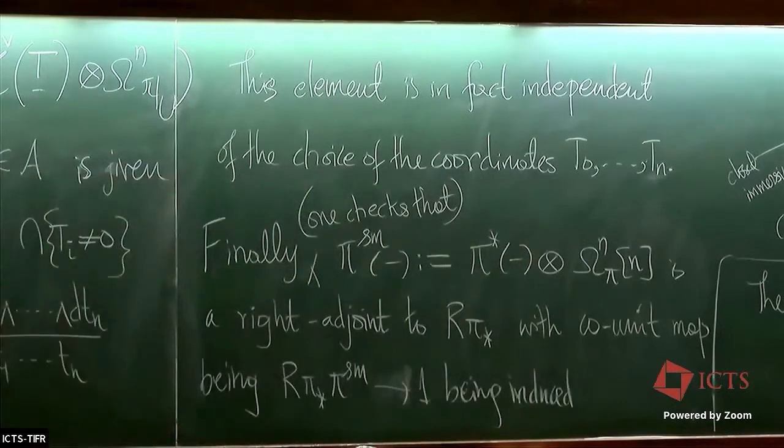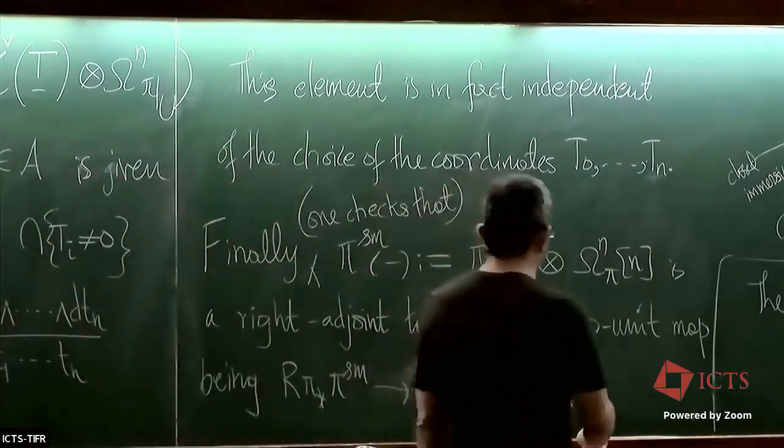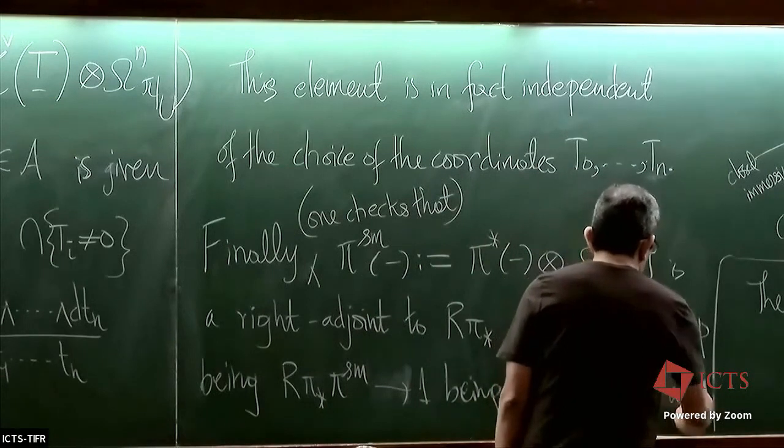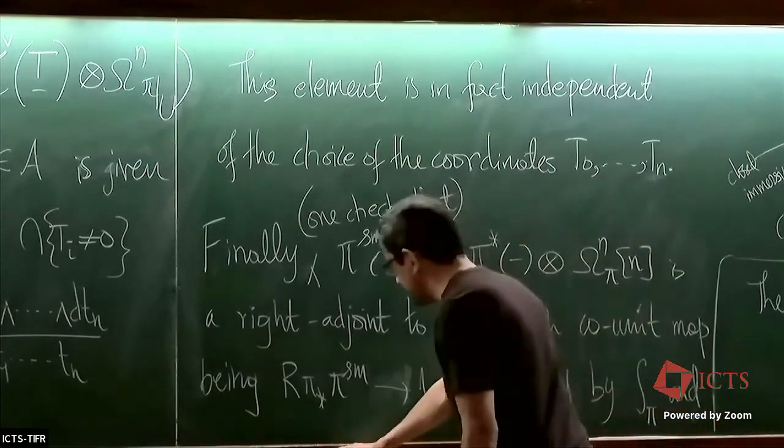This sets up the co-unit map only for one module, which is O_Y, but that is good enough. It's induced by the integral of pi and what is called the projection formula.